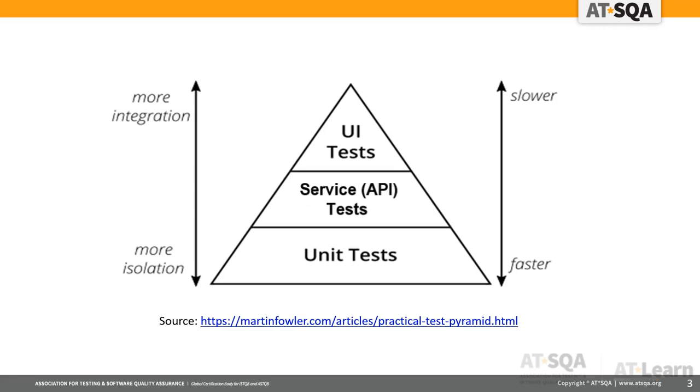The service layer is where API services might reside. The service layer might be the first layer that business requirements, or at least partial business requirements, are covered by tests. The service layer tests may take longer than unit tests, but take less time to run than UI tests.